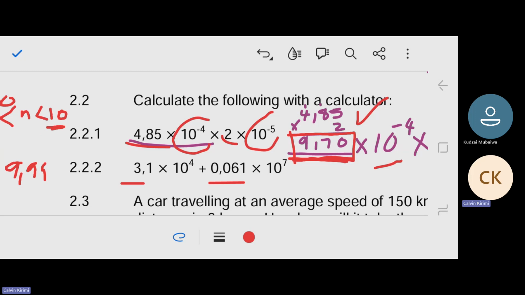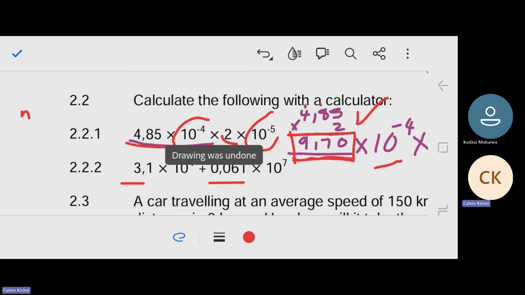You must start with 1, comma something, and end with 9, comma something, times 10 to the power something. Any question there? No, sir. That is standard form.